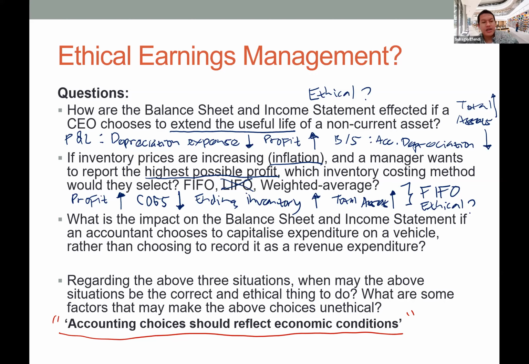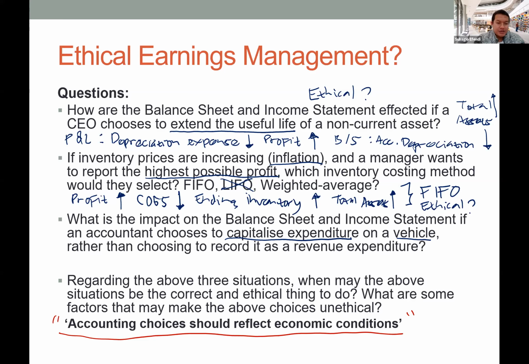Okay, one more case is now the company wants to choose whether to capitalize the expenditure on a vehicle, rather than choosing to record it as a revenue expenditure. We have discussed this in the first tutorial.